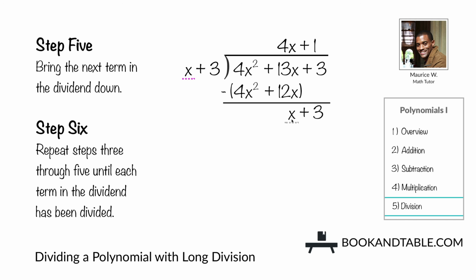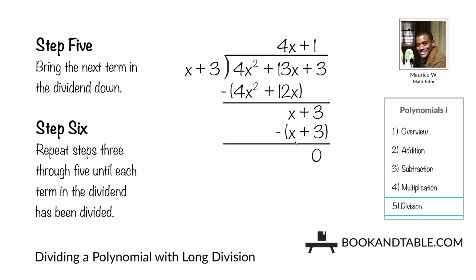So we're going to divide the first term, x, by the term with the highest degree on the outside, which would be x, giving us x divided by x, which is positive 1. We'll then multiply this answer times the divisor, giving us 1 times x, which is x. 1 times 3 is 3.